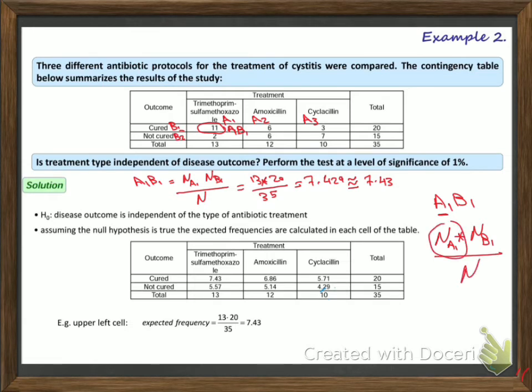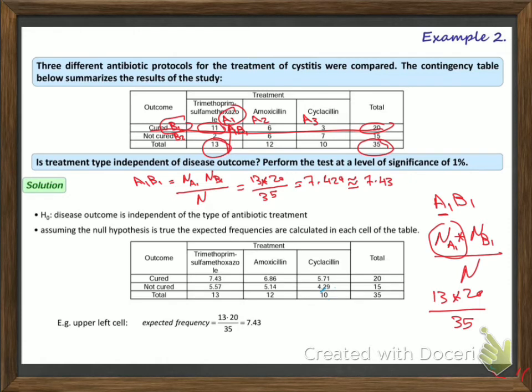This is A1, and the sum of A1 will be 13, times N B1, which is 20, divided by total N. What is the total N? It is not A1 or B1, it is the total, which is 35. It will be in the bottom right column.